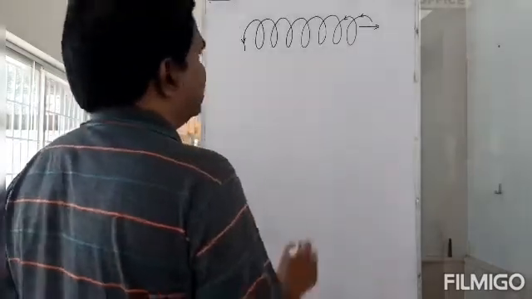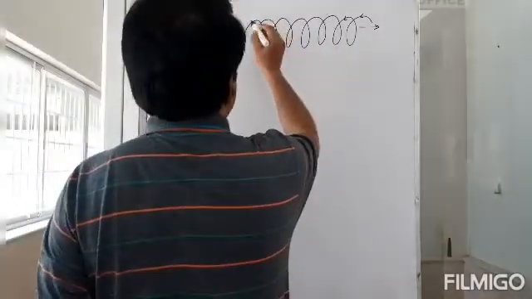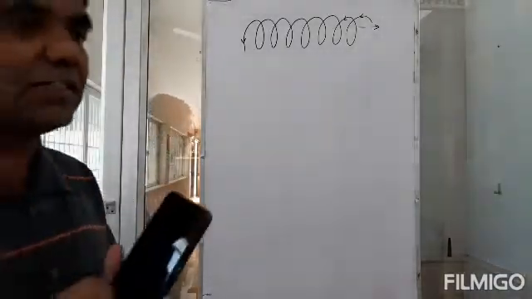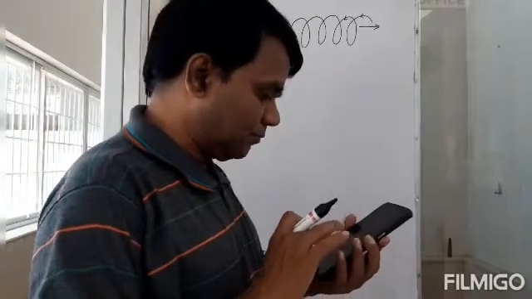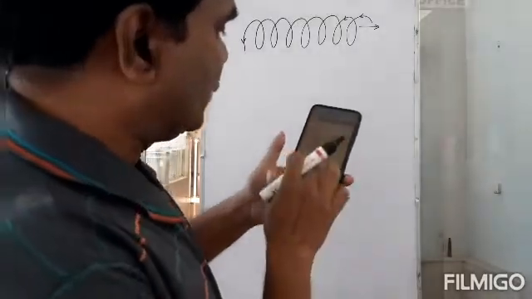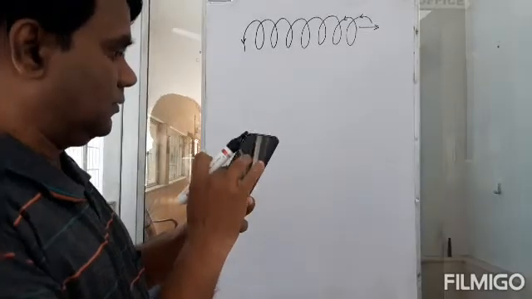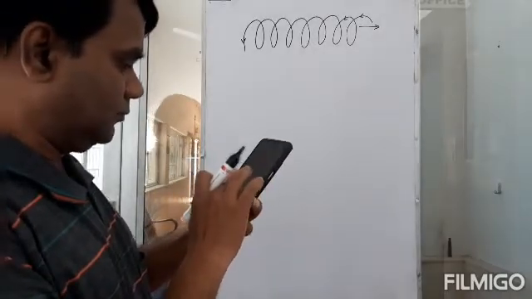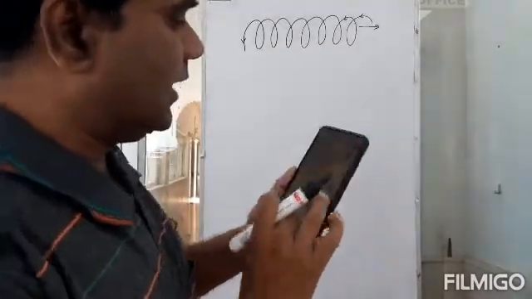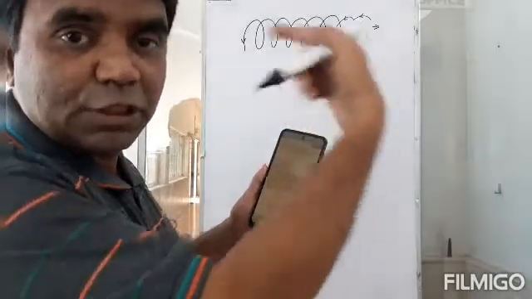But you see, it's not just a single element, right? If you look at the picture in your textbook, it will tell you, like this. You have the magnetic field around every loop, right?